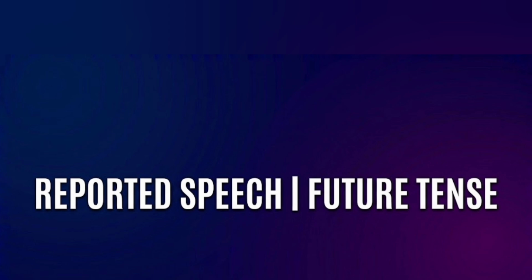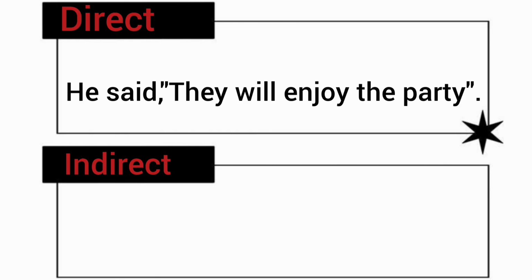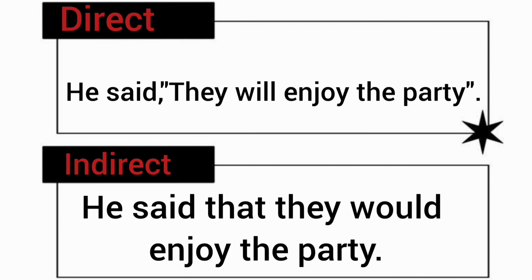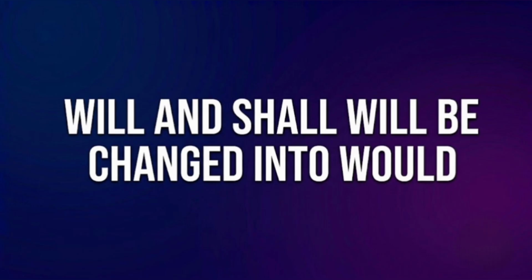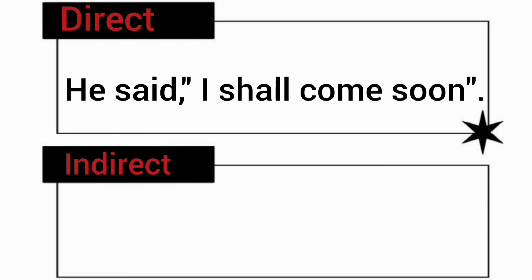Next we have reported speech that is in future tense. Let's see how the changes will occur. He said they will enjoy the party. He said that they would enjoy the party. All the rules will be implemented as they are. Only will and shall, if it is future indefinite tense, will both be changed into would. Next example is, he said I shall come soon.